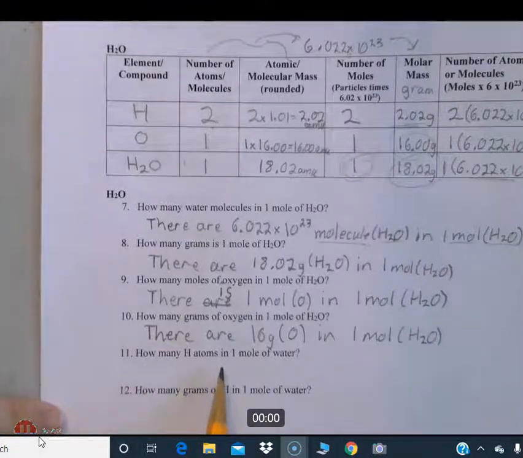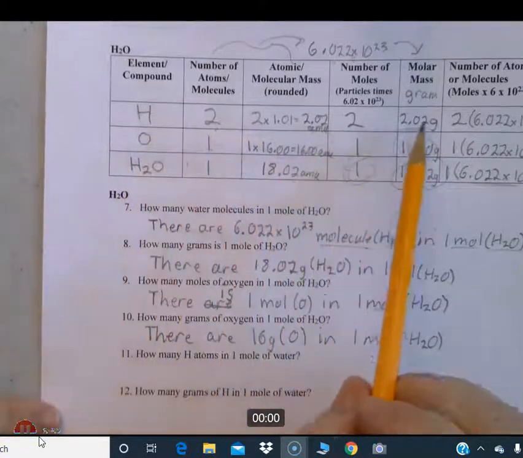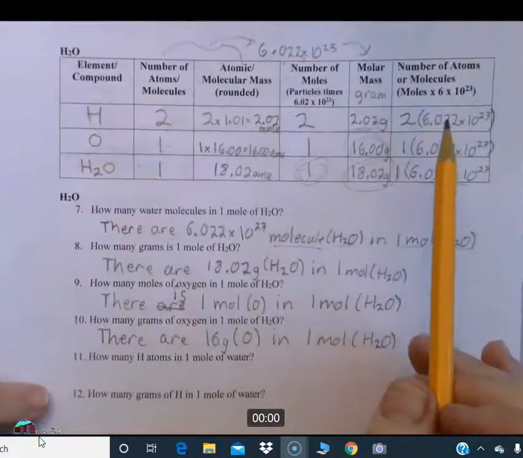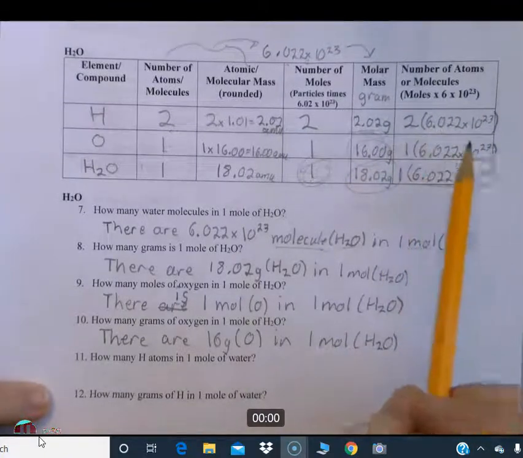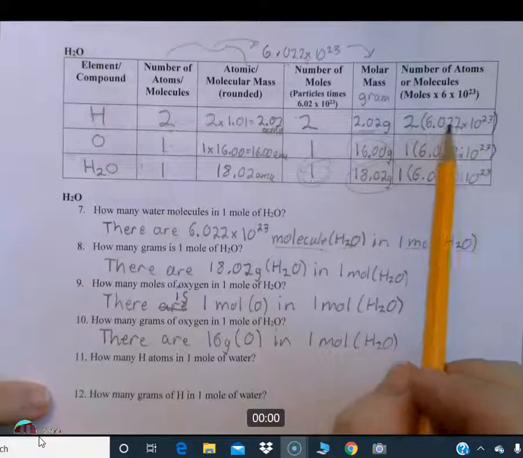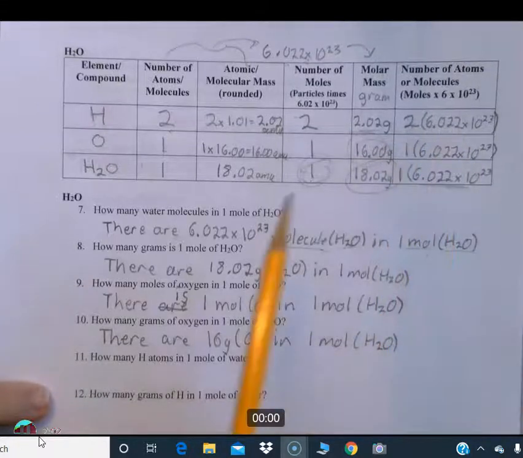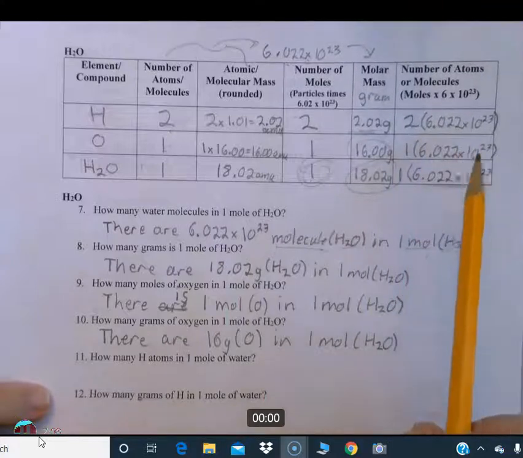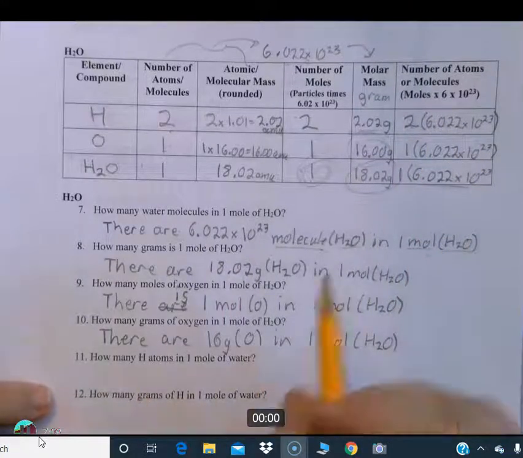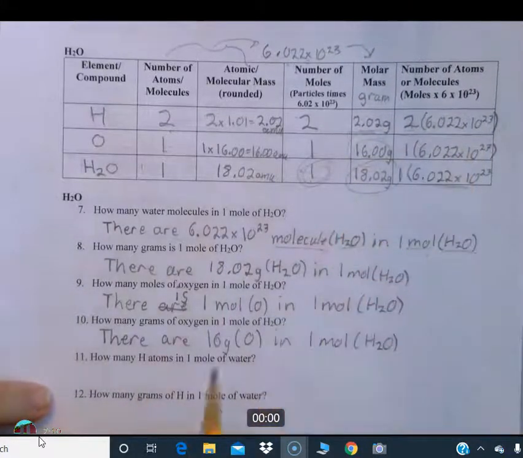How many hydrogen atoms in 1 mole of H2O? So we're up in the hydrogen row and we're coming all the way over here to number of atoms. Okay, so it's 2 times 6.022 times 10 to the 23rd. I don't care if you do the math on that. You would multiply 2 times 6.022, and I'll go ahead and do it, but you can just write it like this. That's perfectly good for me.